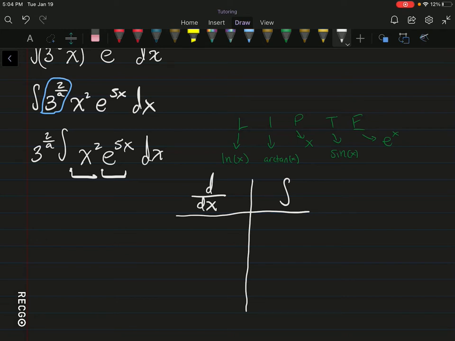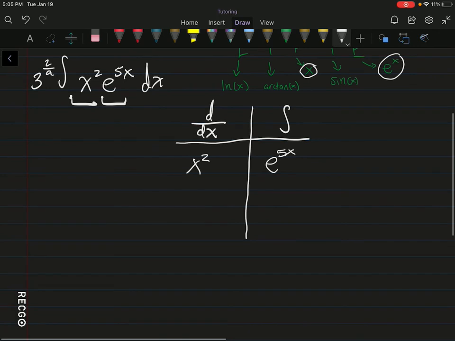The one that comes first in the LIPTE, which in this case is x, comes before e to the x, that lets us know that we're going to put x first in this chart. So we're going to put x squared first, and then we're going to integrate e to the 5x.